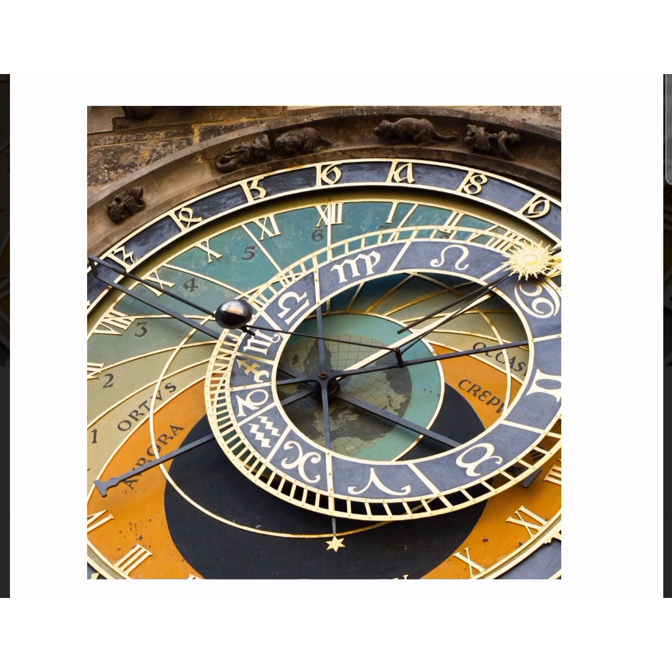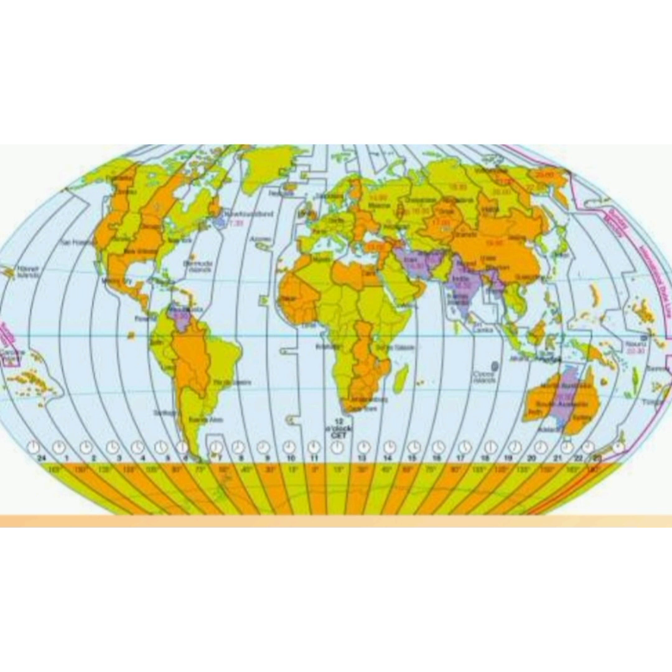As the earth rotates from west to east, those places to the east of Greenwich will be ahead of Greenwich time, and those to the west will be behind it. The earth rotates 360 degrees in about 24 hours. That means 15 degrees an hour.